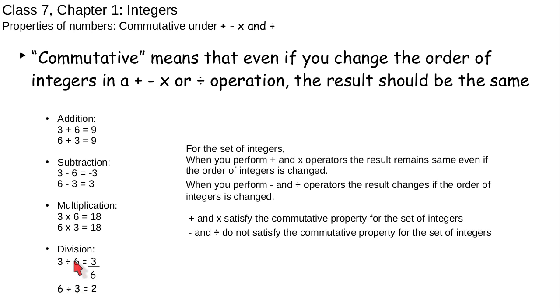So the division operator does not satisfy the commutative property. Therefore, commutative property of integers is such that the plus and the into, that means the add and multiply operators, satisfy the commutative property, but the subtract and divide operators do not satisfy the commutative property for the set of integers.